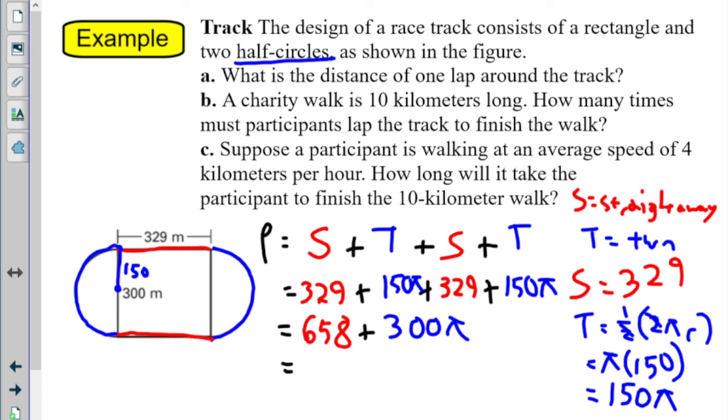Now, if it asked you to round the answer and get a decimal, then we would actually plug in 658 plus 300 pi. And there is, by the way, a pi key in the calculator. Pretty much on all your calculators, there is a pi key. It's along the right side on the TIs, nearby the division symbol and all that. But there is a pi key, so I can just put 658 plus 300 pi into the calculator.